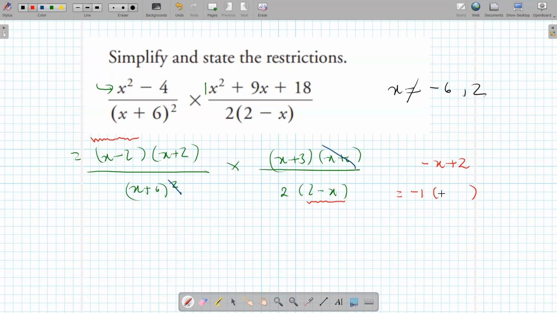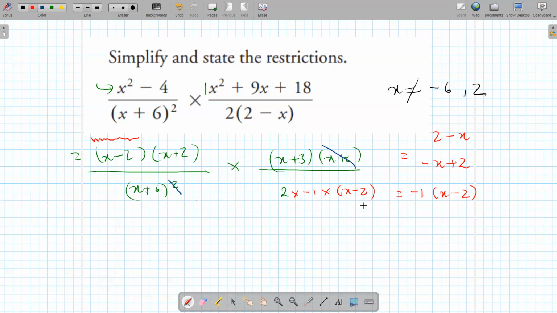So we had 2 minus x, we rewrote that as -x plus 2, and now we pull out a -1. Why not? We're just pulling stuff out. We're not adding anything. You can't just add 2 here randomly, and you can't multiply by 2 randomly. But you can definitely pull something out. And there we go. We can rewrite 2 minus x as -1 times x minus 2.